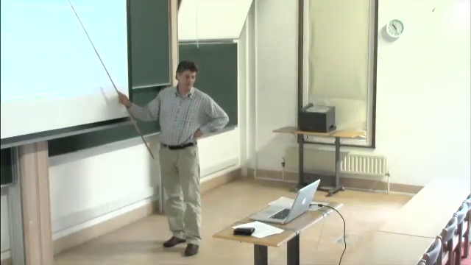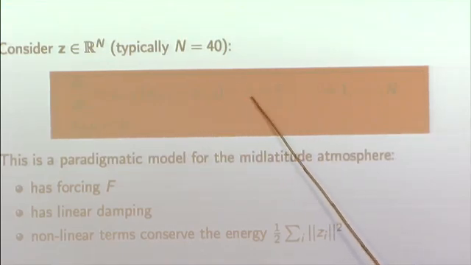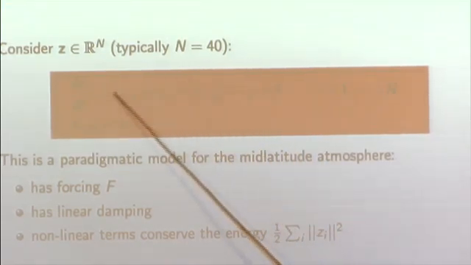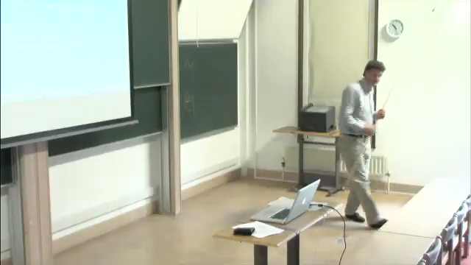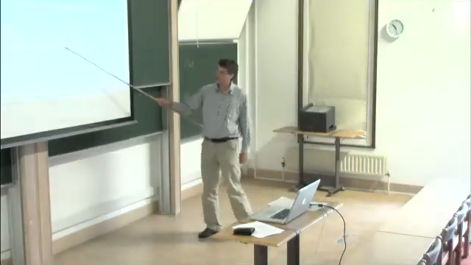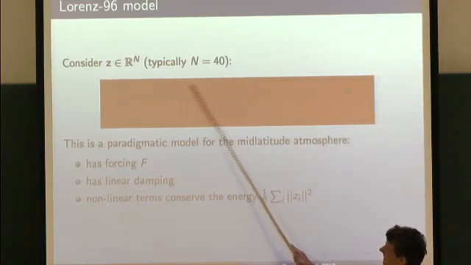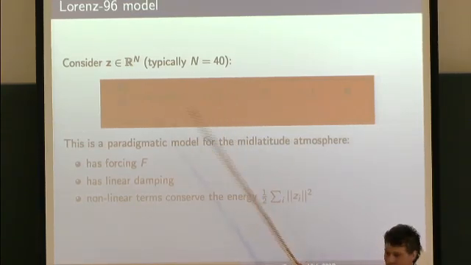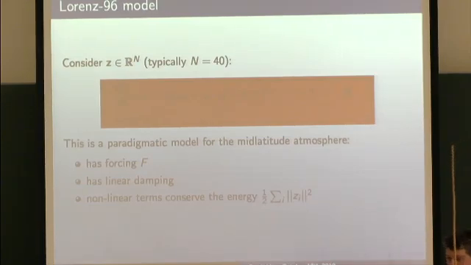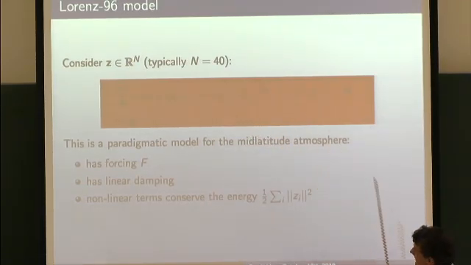We want some constant forcing F. We want some linear damping, and then we want a nonlinearity that is energy conserving. If I define an energy as the sum of the Zi squared, then you can think of this term as a discretization of an advection term, so this one is energy conserving.